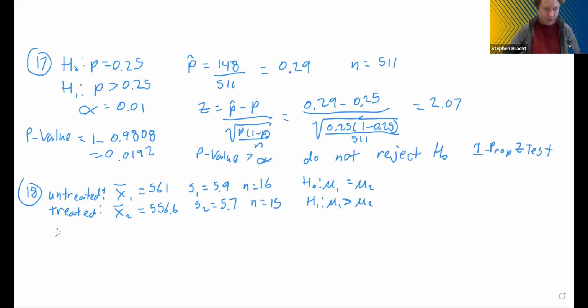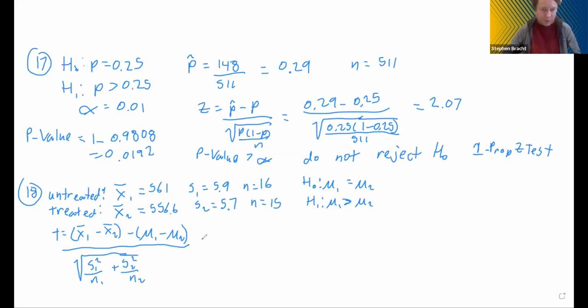The test statistic, this is from 11.1, is given by X1 bar minus X2 bar minus (mu1 minus mu2) over the square root of S1 squared over N1 plus S2 squared over N2.